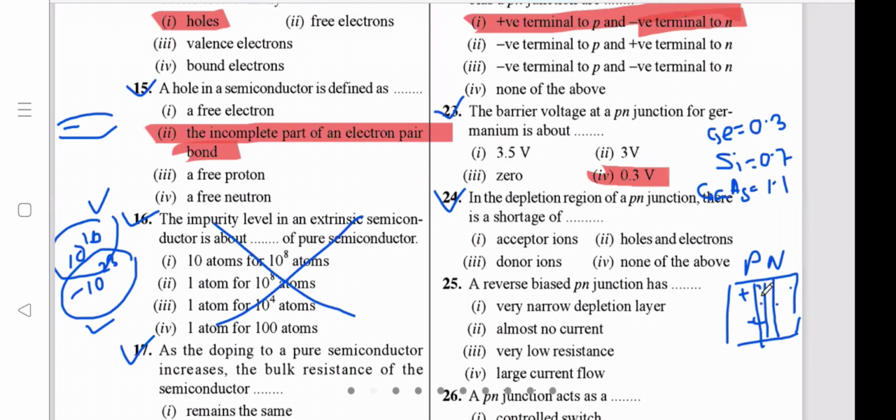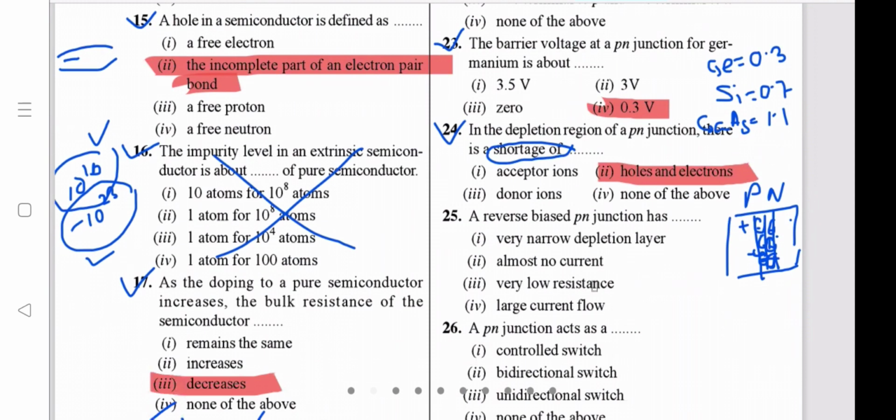So at the junction there will be only immobile or fixed ions. There will be no carriers. So in the depletion region, shortage means there is a lack of carriers. Carriers are holes and electrons. So in the depletion region of a PN junction, there is a shortage of holes and electrons. This will be the answer.